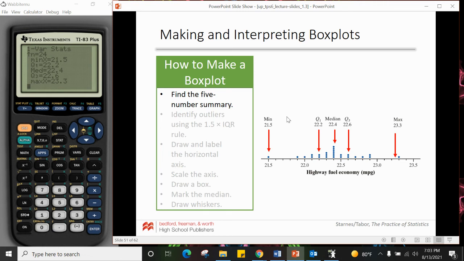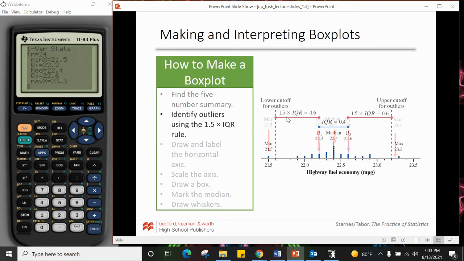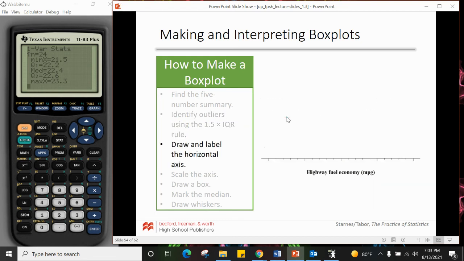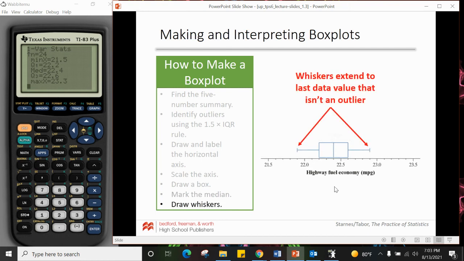A box plot is basically a visual representation of the 5-number summary. If you have your horizontal axis, you drop in your Q1 and Q3 as the box, and the middle line is the median, and then you draw some whiskers out.